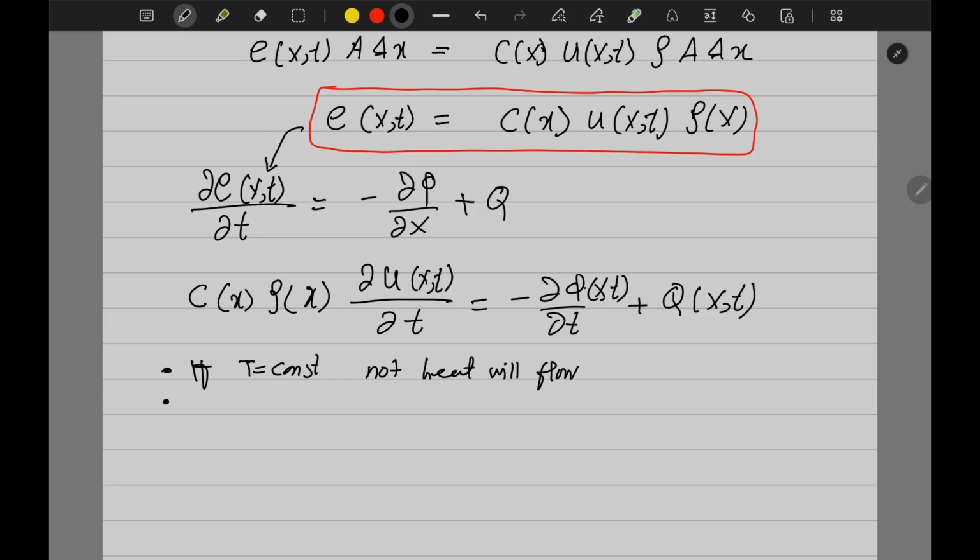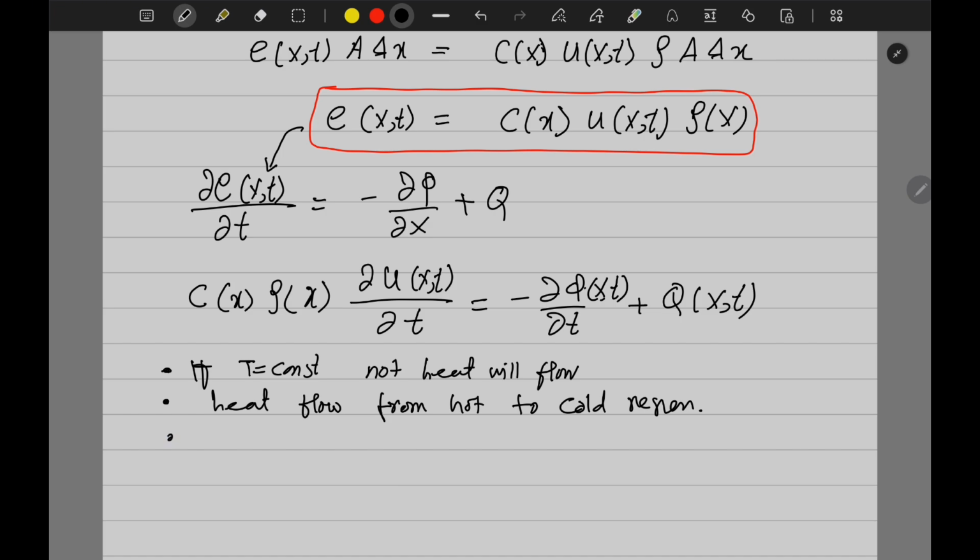Second, if there is a temperature difference, the heat energy flows from the hotter to the colder region.